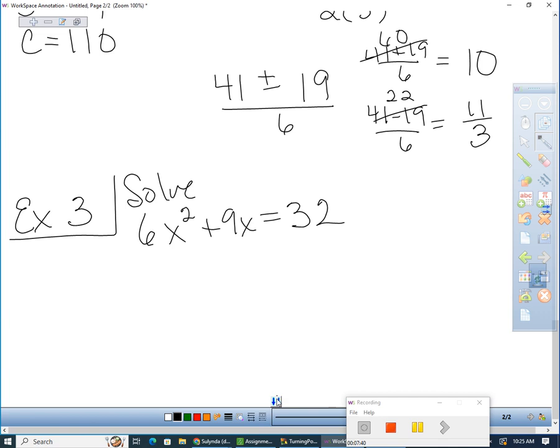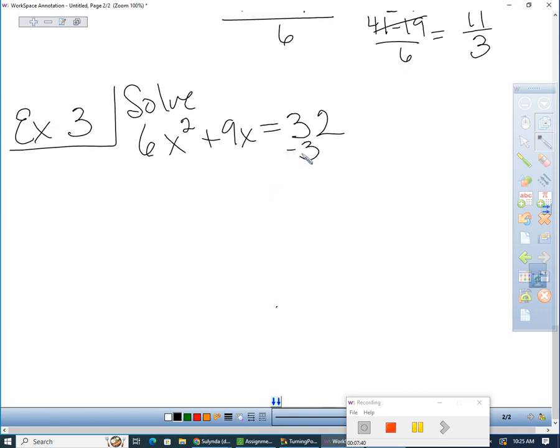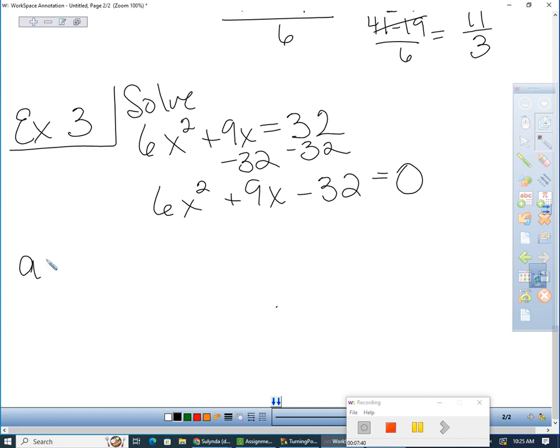Good. I agree with Keegan. We're going to subtract 32 first. So I have 6x squared plus 9x minus 32 equals 0. So this is in standard form and set equal to 0. All right. Now, what is my A value? My B value?